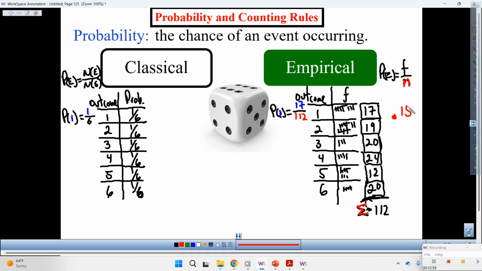0.15. All right? So, Amelia, I'm going to walk you through the second one just to make sure we got the same thing, you and I. It's P of what? This one was P of 1. This is P of 2. And how many total? 19 out of 112.